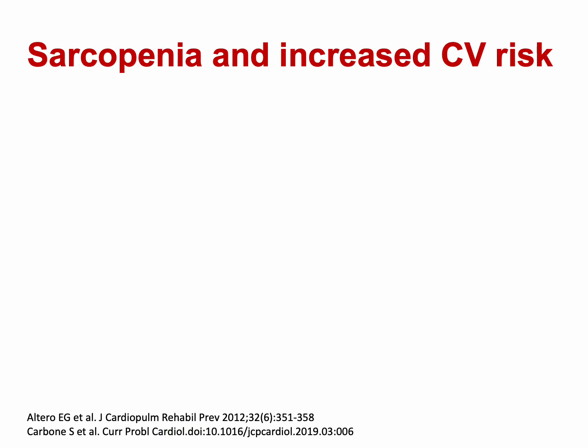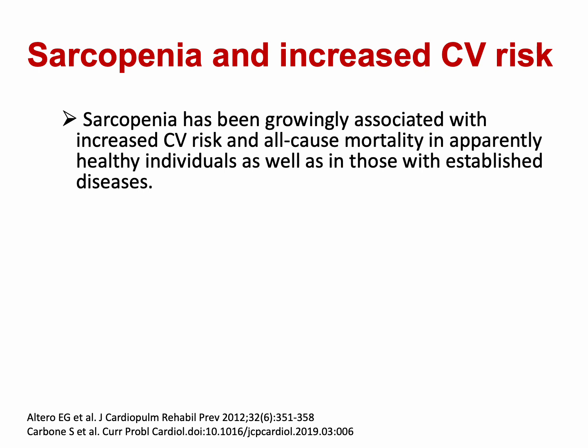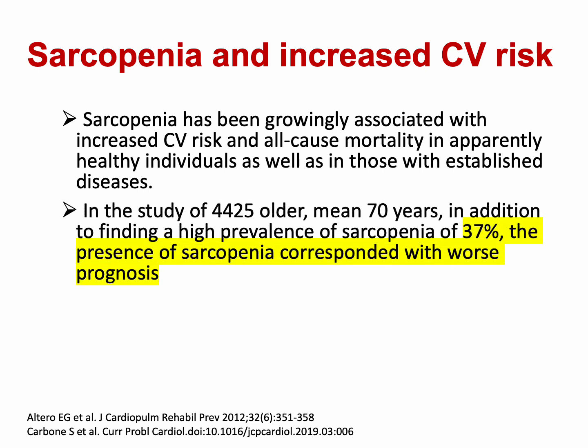Now, how about sarcopenia and increased CV risk? The data shows that individuals with sarcopenia, regardless of diabetes status, face an elevated risk of CVD. For example, in a study involving around 4,400 older adults, with an average age of 70, 37% were found to have sarcopenia, which was associated with a poorer prognosis.